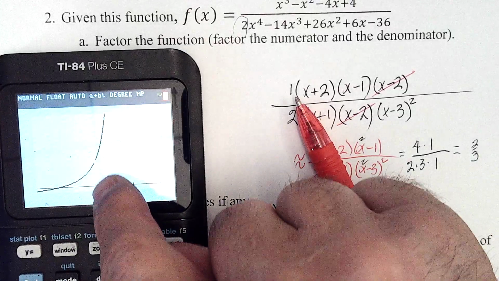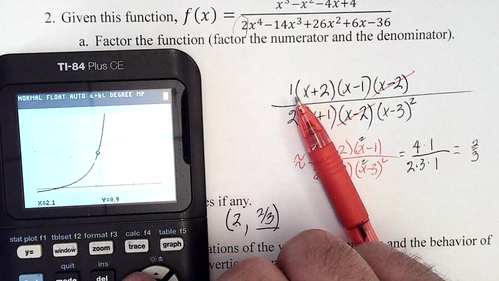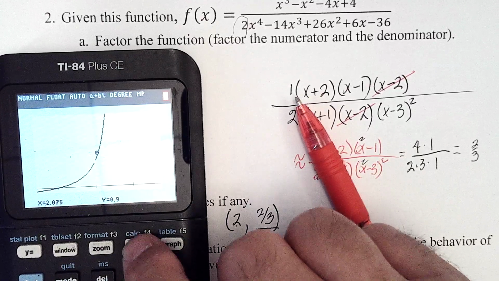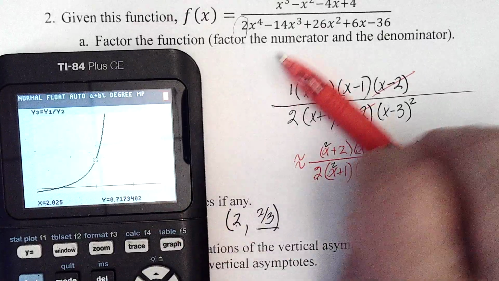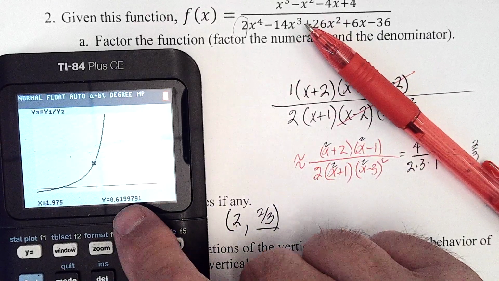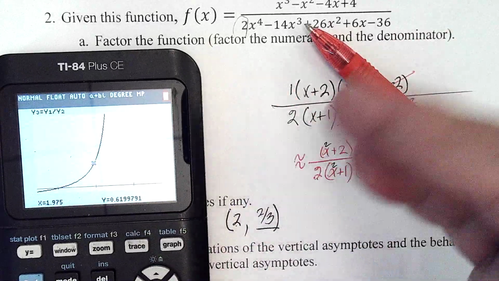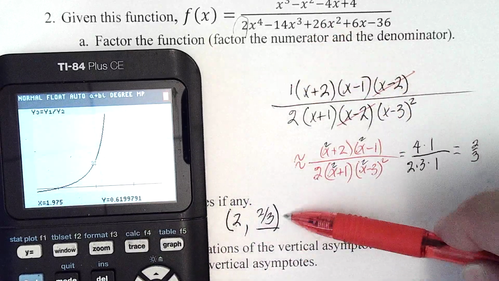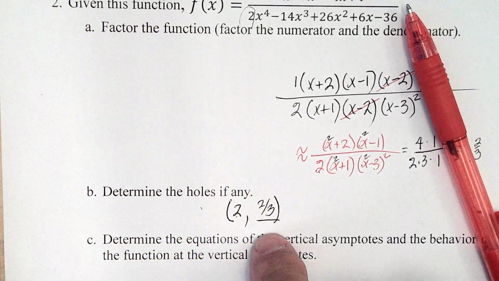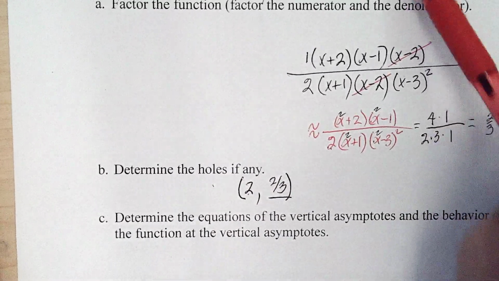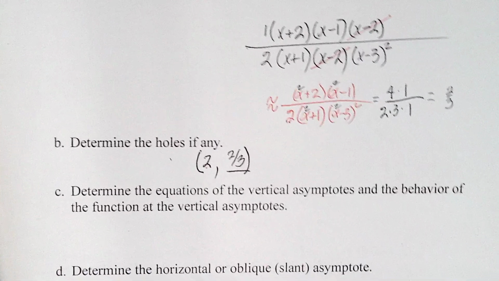And here's 2, and you can see it's disappearing. Now if I trace as I get closer to it, 0.71, 0.61, or 0.62, so somewhere between 0.62 and 0.71. 2/3 is 0.6666, so it's in the right place. So I'm doing things correctly, just trying to show you how you can check your answers as you're going along.